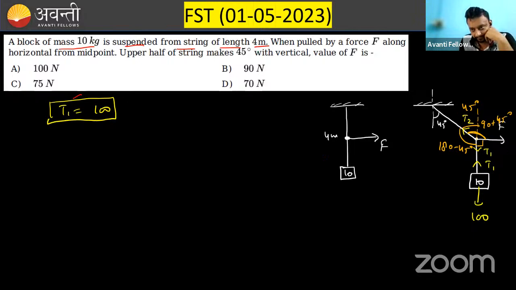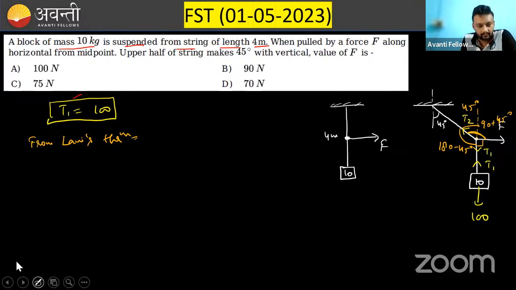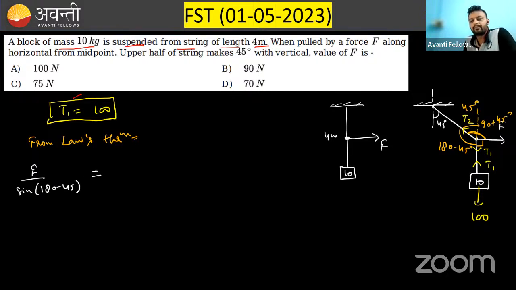Lami's theorem says, what can you write? Force F divided by the opposite angle, that is sine of 180 minus 45, is equal to the force T1 divided by the opposite angle, that is 90 plus 45.